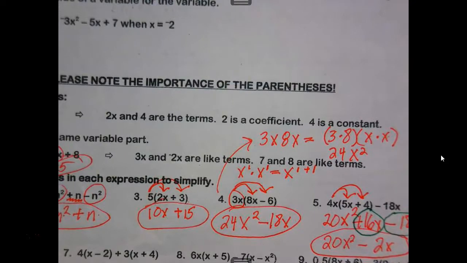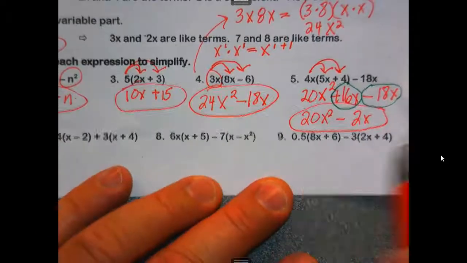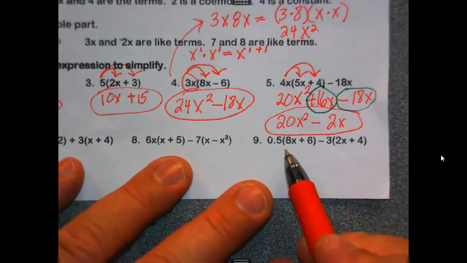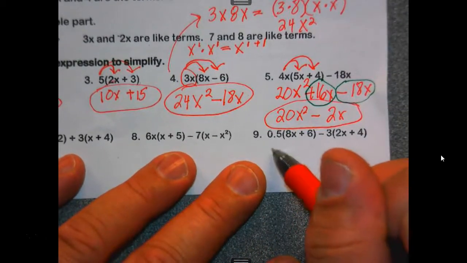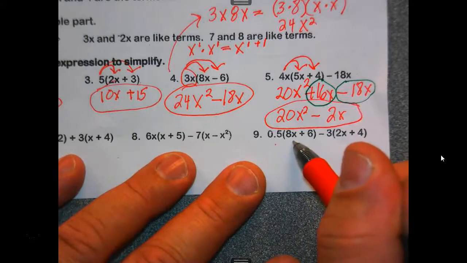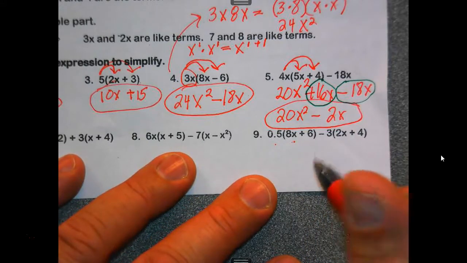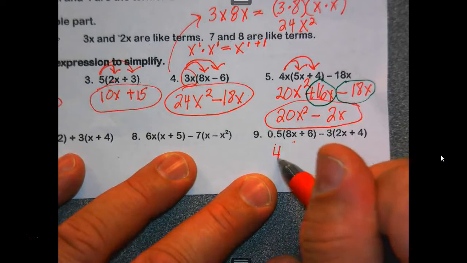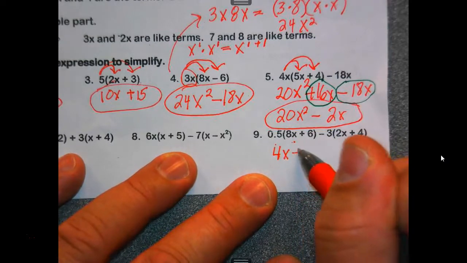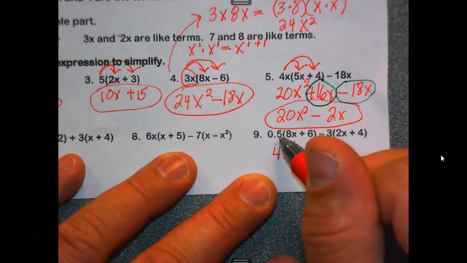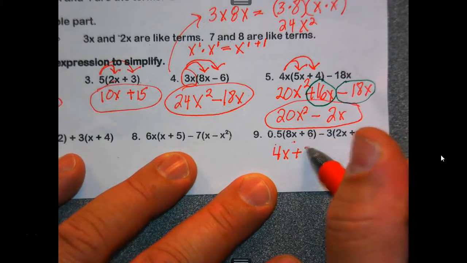Yeah, I was thinking number 9. Okay, this is 0.5, which means 1/2, right? So 1/2 times 8x, or half of 8 is what? 4x. So I have 6 times 1/2, so half of 6 is 3.